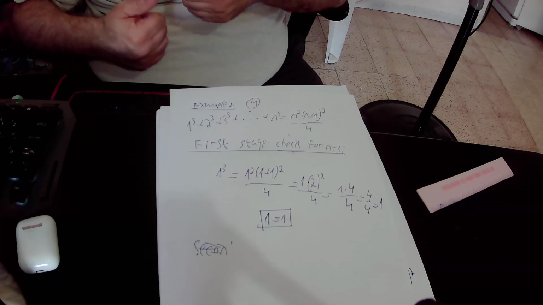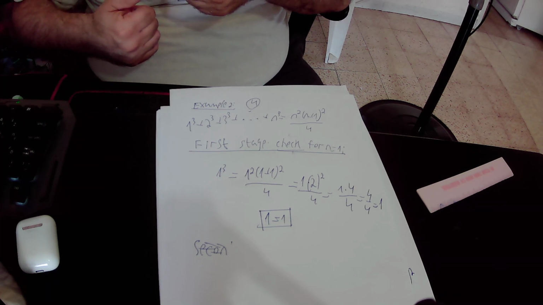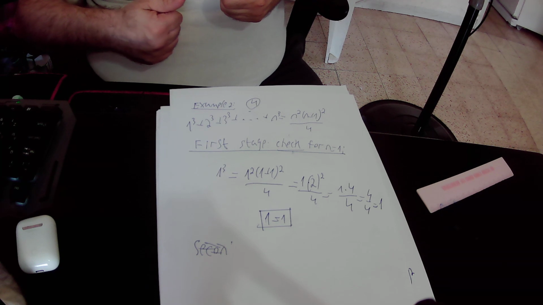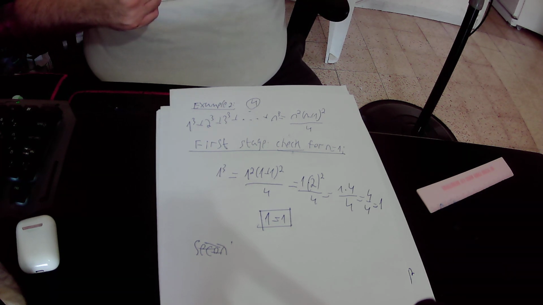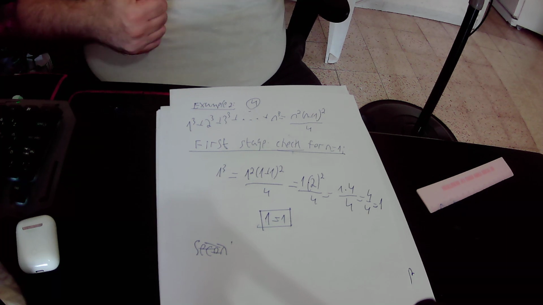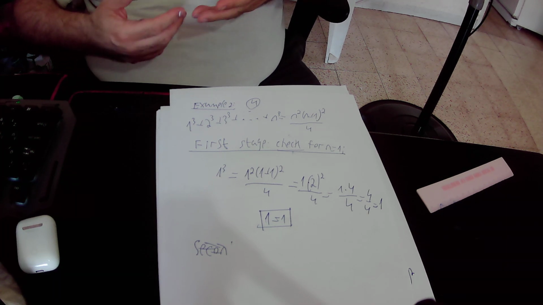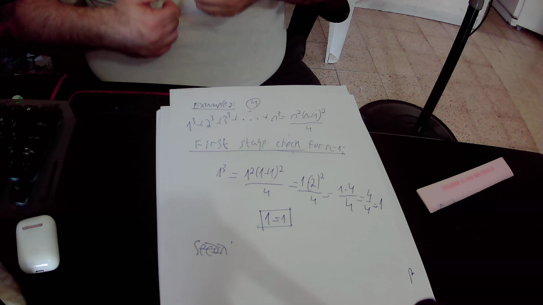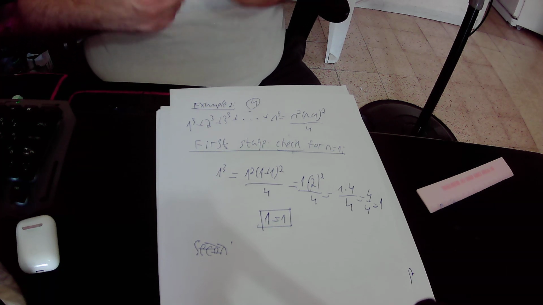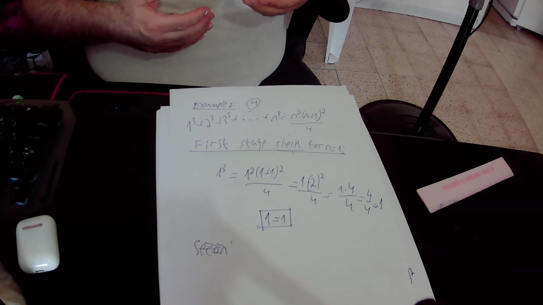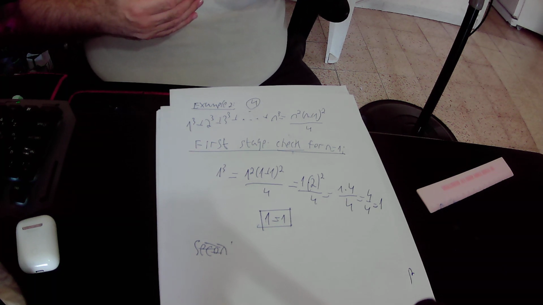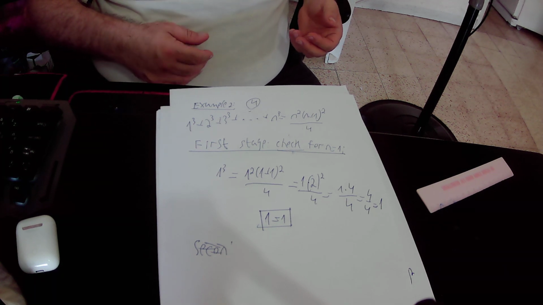And when we know that it is true for 2, it must be true for 3 and 4 and 5 and 6, according to our general proof that if it is true for n, it must be true for n plus 1. And in this way we actually proved that the statement is true for all the natural numbers.